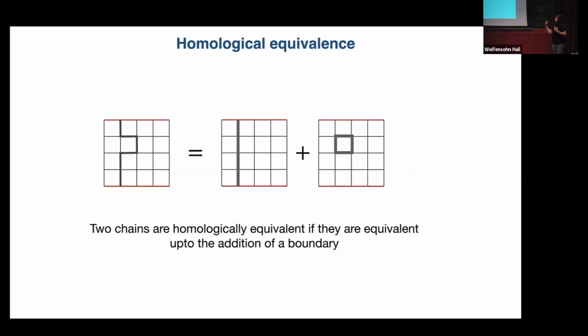So in this language, homological equivalence is again very easy to understand pictorially. It's basically just telling you that 2 chains are homologically equivalent if they're equivalent up to the addition of some boundary, okay? So this chain here, which is this winding object, is equal to this cycle, which is non-trivial, plus this trivial boundary.